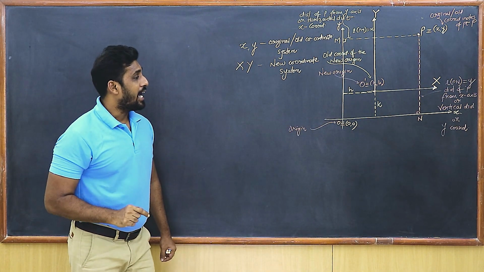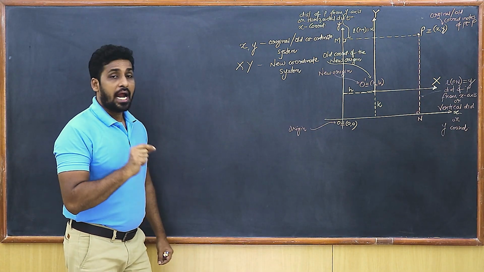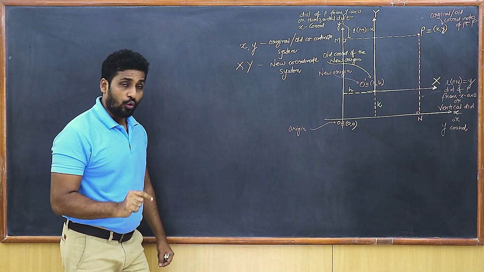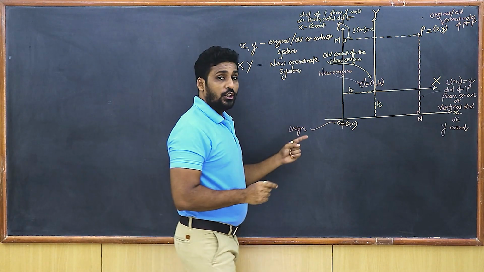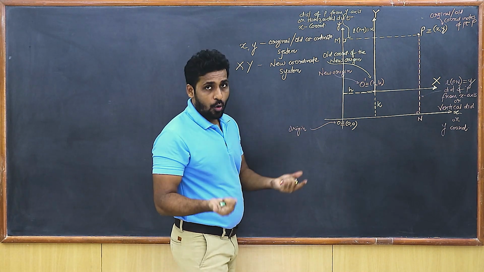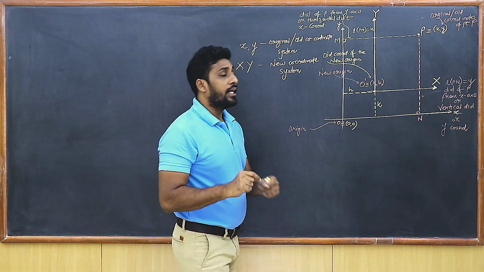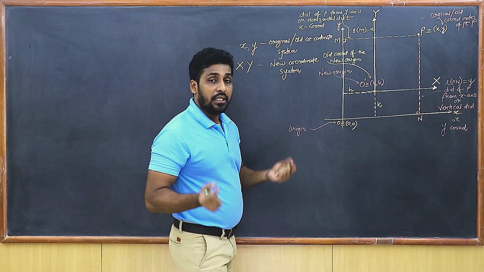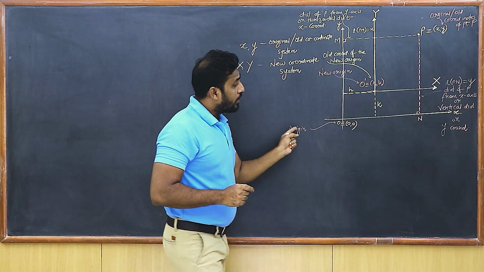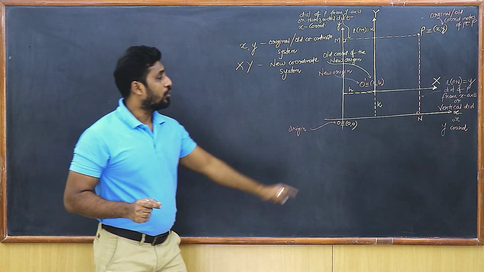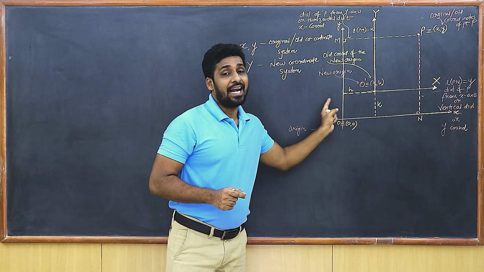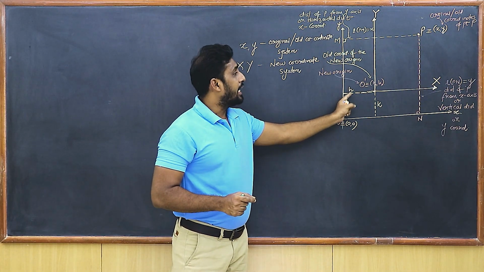So h and k are actually the horizontal and the vertical distance of the new origin. Now students, this new origin will have new coordinates as 0, 0 itself. The new coordinates of the origin are definitely going to be 0, 0. The old coordinates are h, k. That means the distance of the origin from the original y and the x axis is taken as h and k.